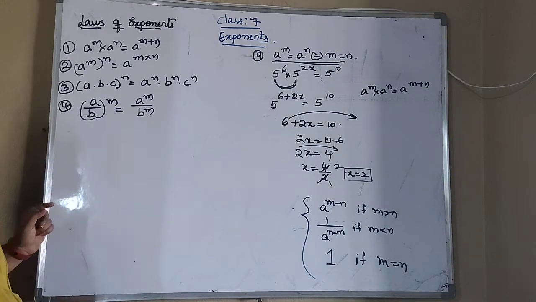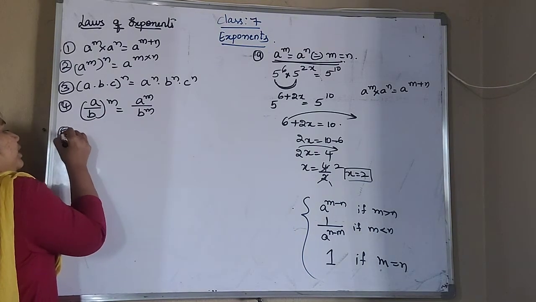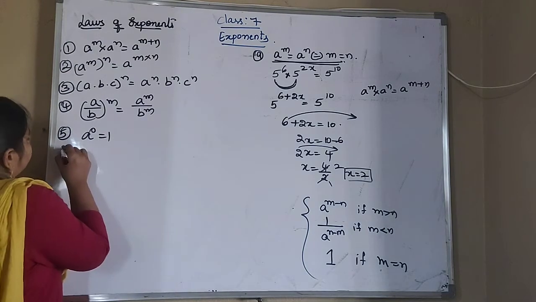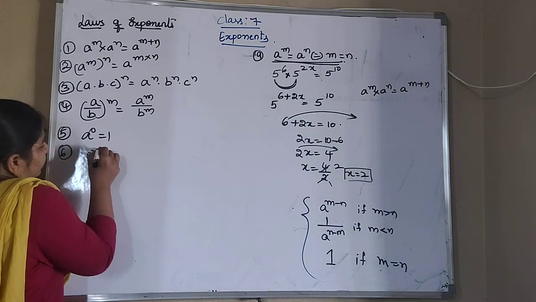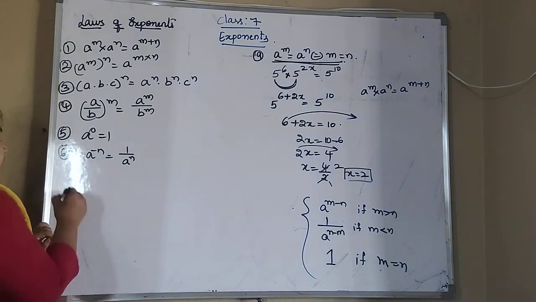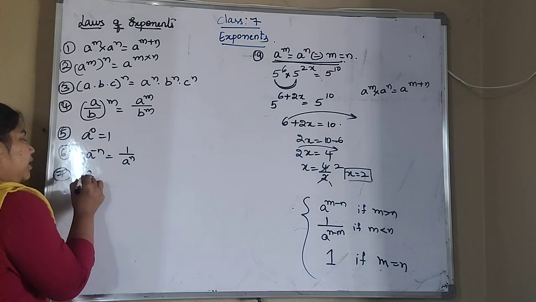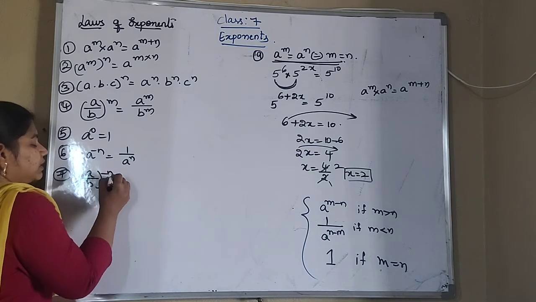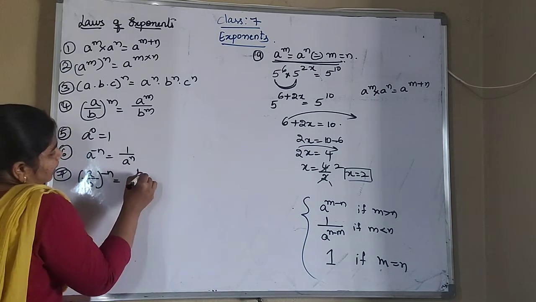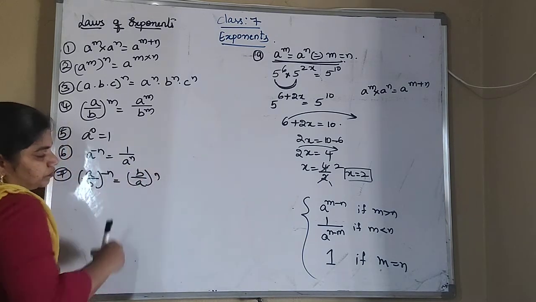Next, the fifth one is a power 0 is equal to 1. The sixth one is a power minus n is equal to 1 by a power n. Seventh is a by b whole power minus n can be written in the form of b by a whole power n.